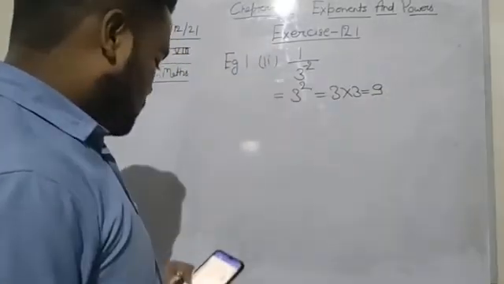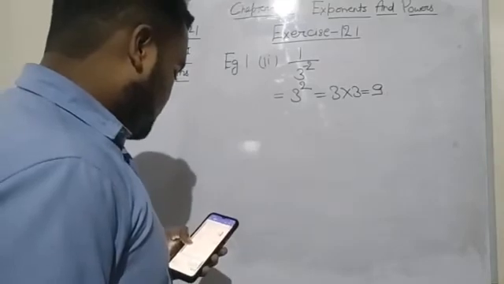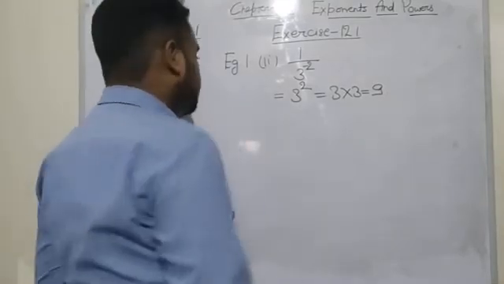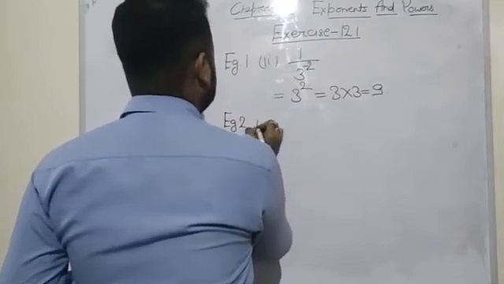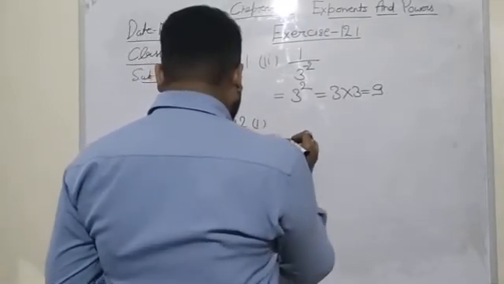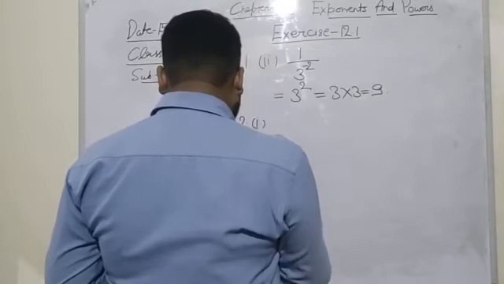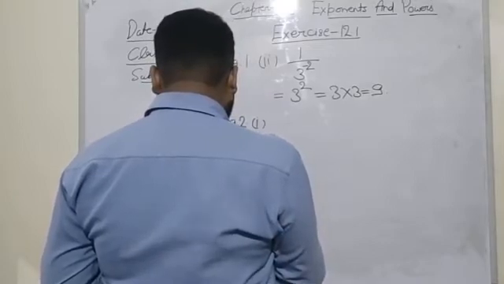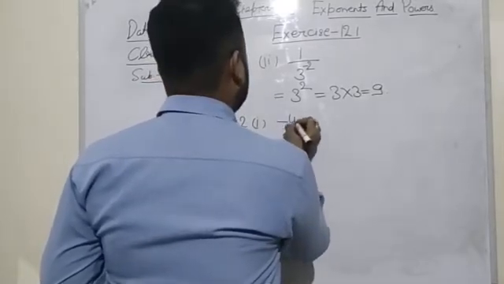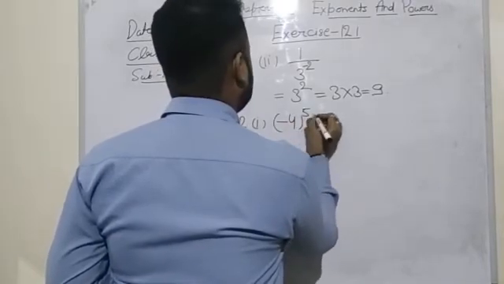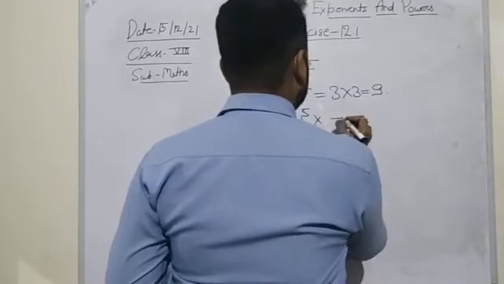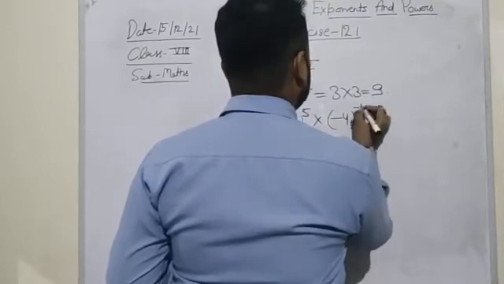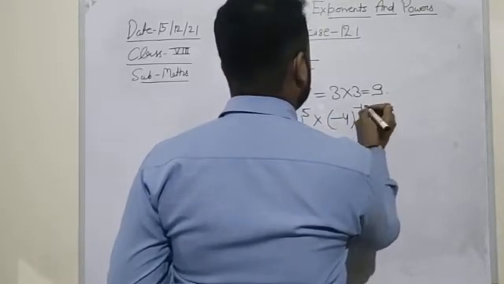Okay. Now example 2, we have to simplify it. Example 2, first part: minus 4 to the power 5 into minus 4 to the power minus 10.